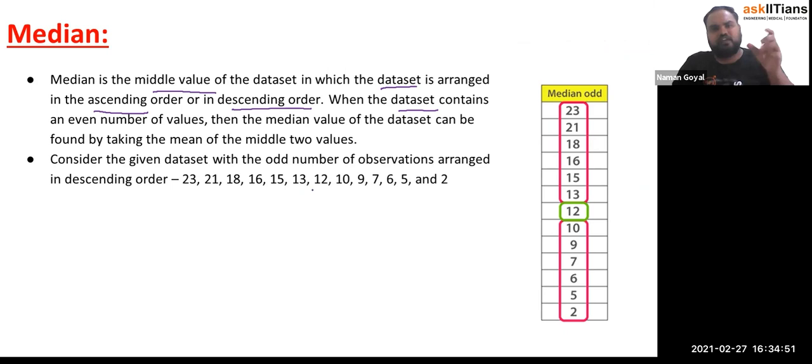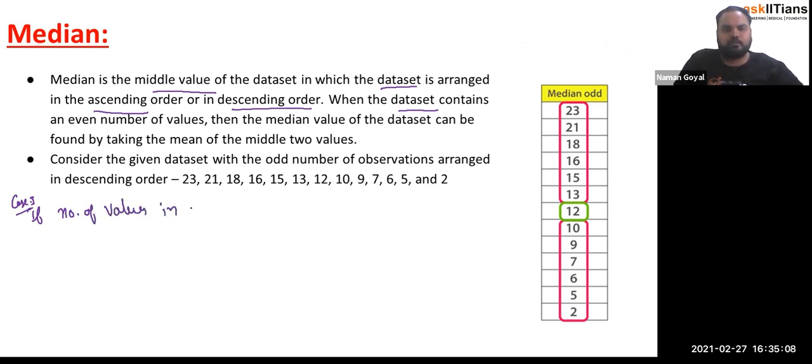So what do we have to do if we have data? First of all, we have to arrange the data in ascending order or descending order. Case one: if the number of values in the data set is odd, let me take the number of values as n.